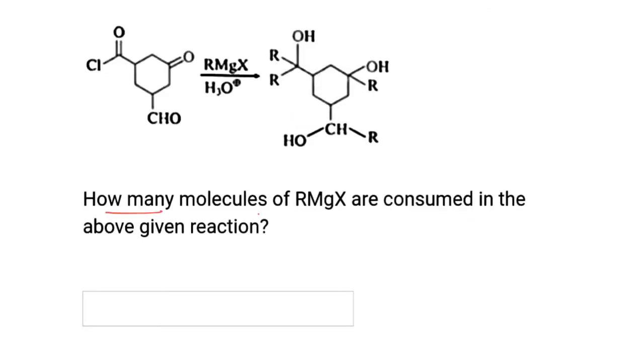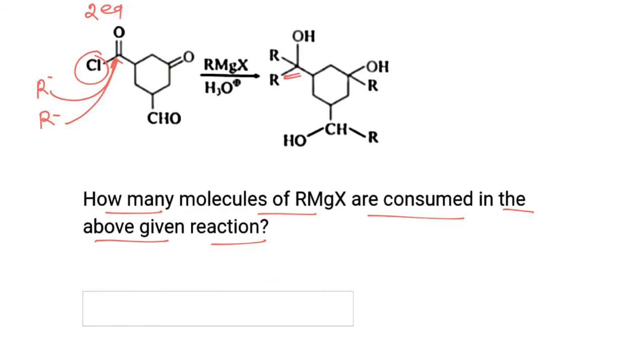How many molecules of Grignard reagent are consumed in the above given reaction? Now first, one Grignard reagent is used here, and it will convert the acid chloride into a ketone, and then another R negative will attack and convert the ketone into a tertiary alcohol. So two equivalents of Grignard reagent are used to convert acid chloride into tertiary alcohol.